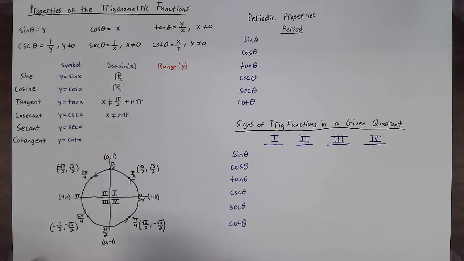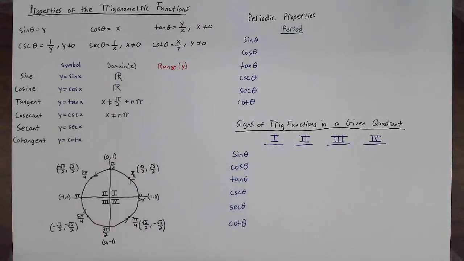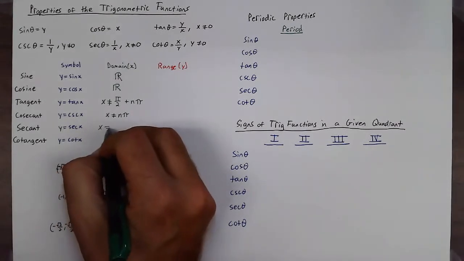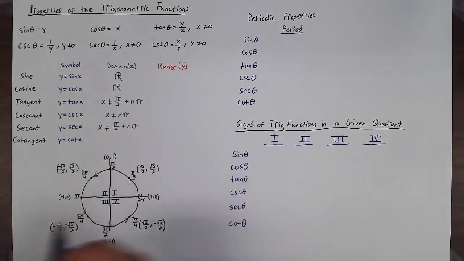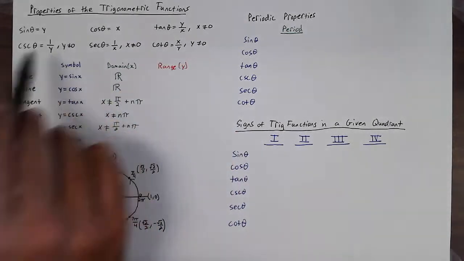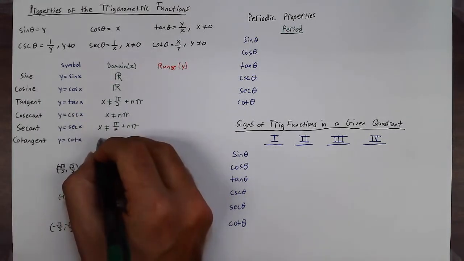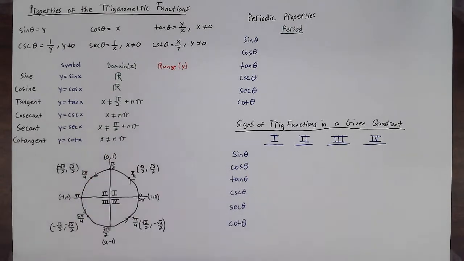For secant, again, x cannot be 0, so we'll have a very similar domain to tangent, where x cannot equal pi over 2 plus n pi. And for cotangent, we know that y can't be equal to 0, so we'll have a similar domain to cosecant, where x cannot equal any integer multiple of pi.